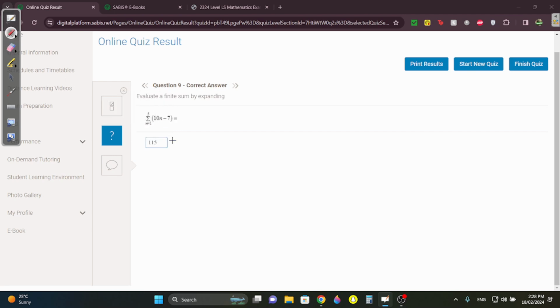It's a binomial. So you actually have to plug in n. So we're going to have a sum of 10n minus 7 where n equals 1 all the way to n equals 5. We're going to have n equals 1, 2, 3, 4, and 5.